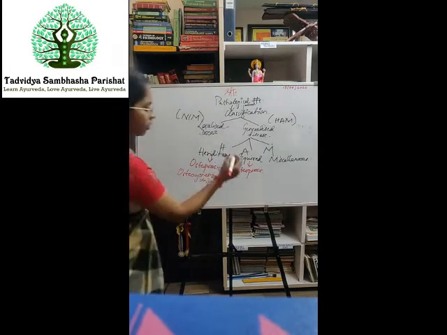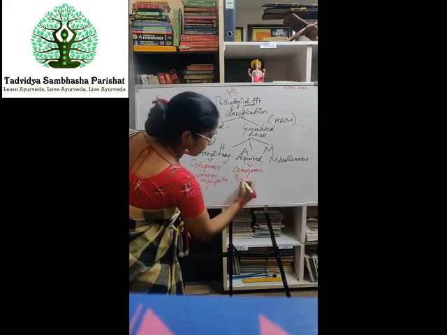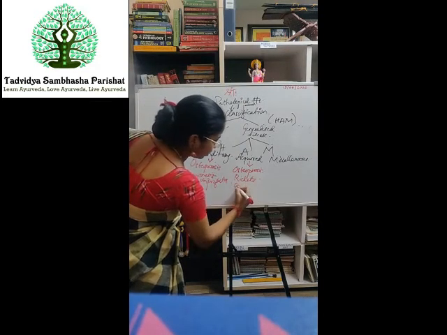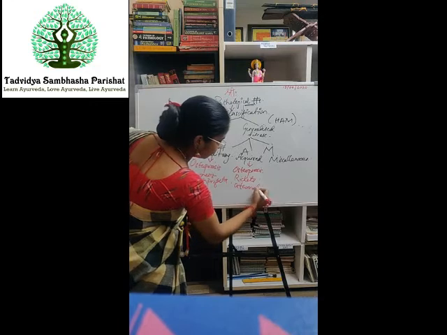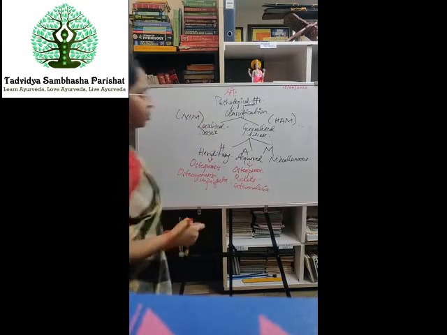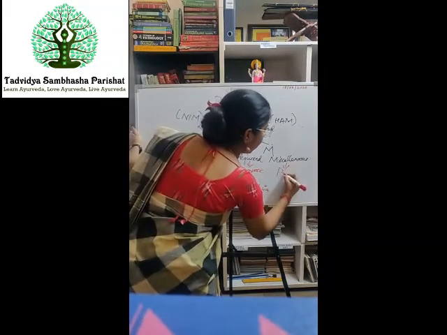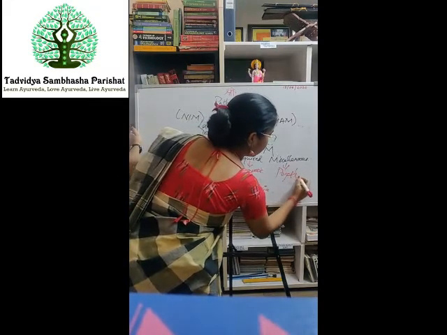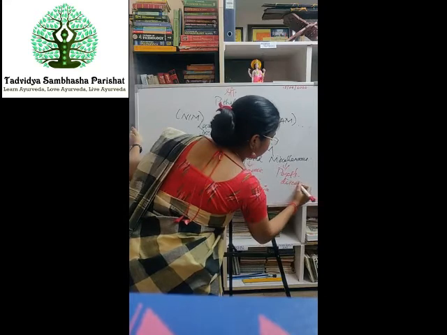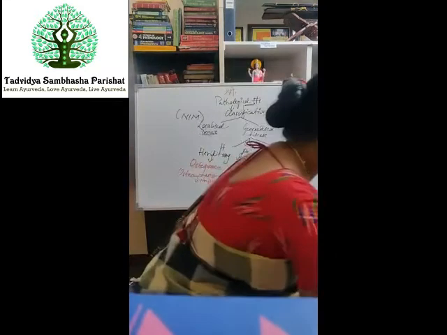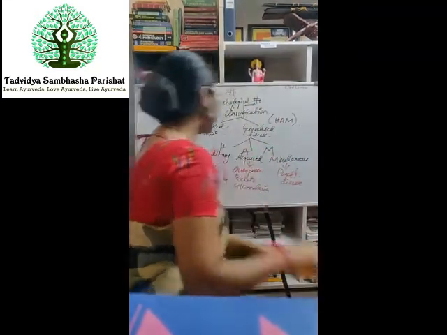Okay, so under acquired, the other reasons could be rickets, osteomalacia. So under miscellaneous causes, we can include Paget's disease.